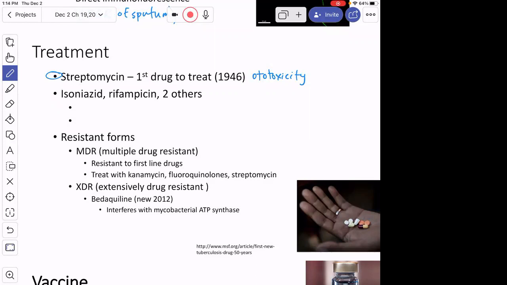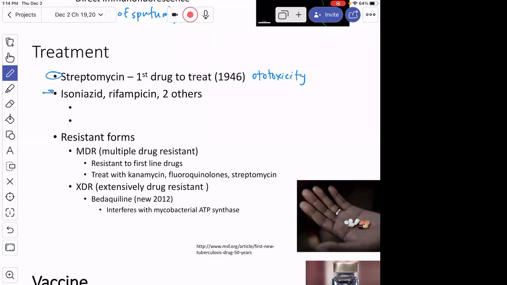Typically the cocktail given today is isoniazid. Remember, that targets mycolic acid synthesis, and rifampicin or rifampin, same thing, that targets RNA polymerase, and a couple others that I just decided not to burden you with.